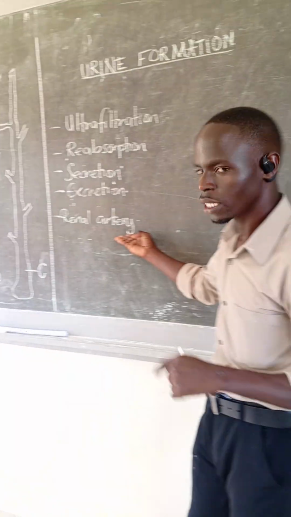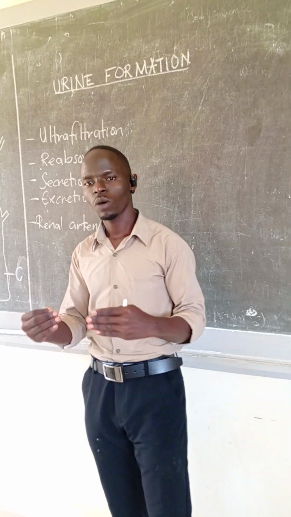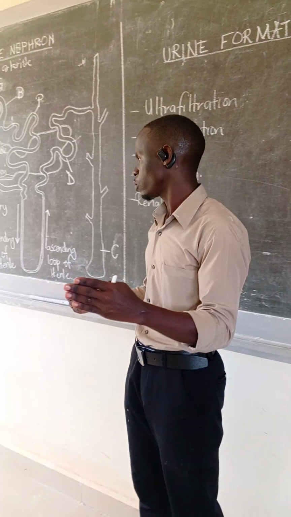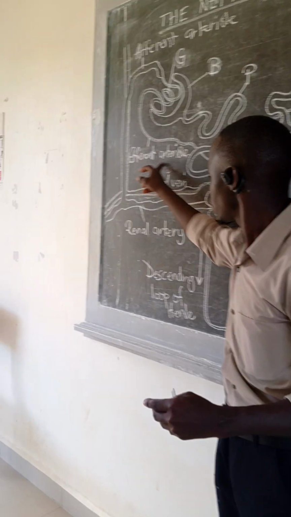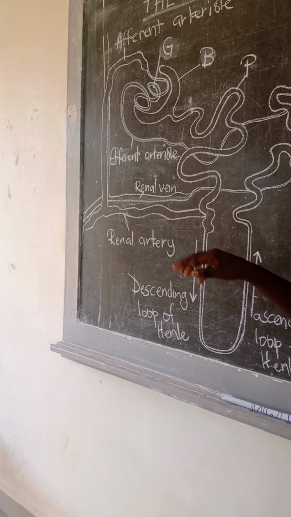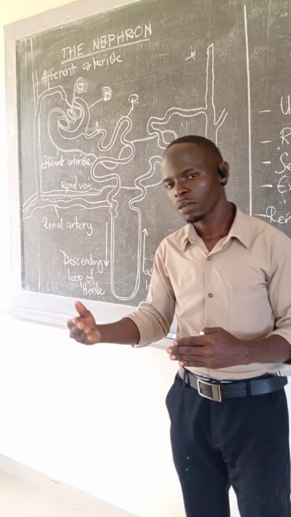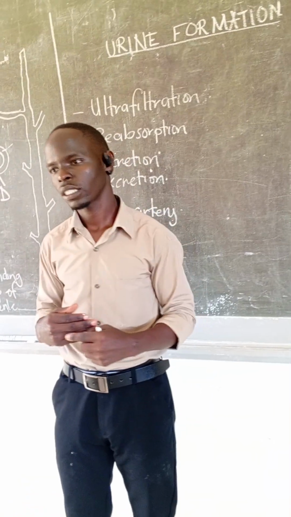It is a branch of the aorta. The renal artery is divided into other blood vessels, which take blood to the nephron, those small structures.